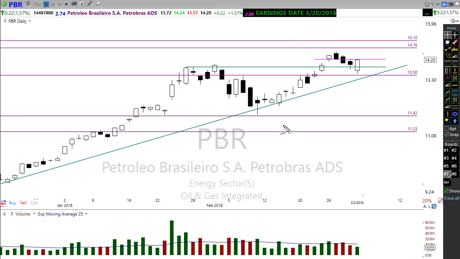Makes sense, guys? So that's an explanation of putting together just a simple trade plan for a trade. Now, whether you actually go ahead and place conditional orders in the market for those exits, that's up to you. For me, that's important.